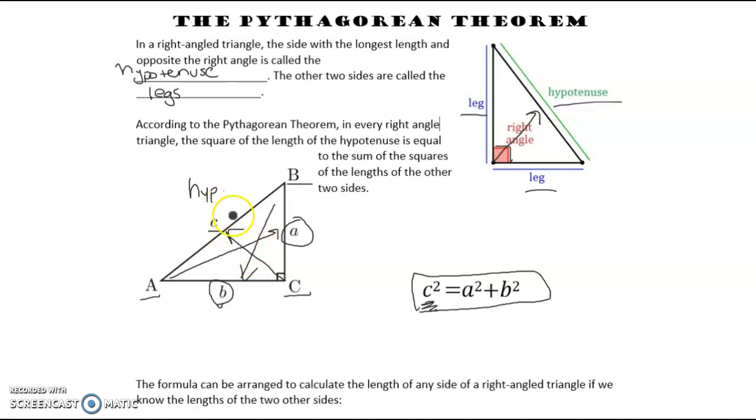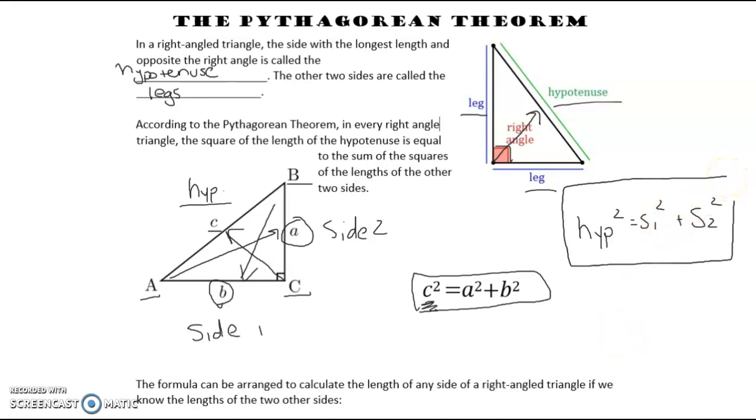So I like to refer to this as the hypotenuse. And then another option is I call it side 1 and side 2. So my formula, or another option of the formula, looks like this. The hypotenuse squared equals side 1 squared plus side 2 squared.